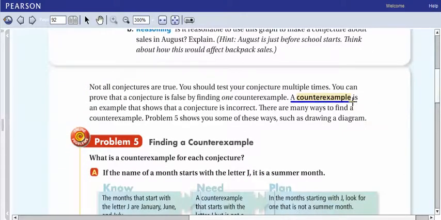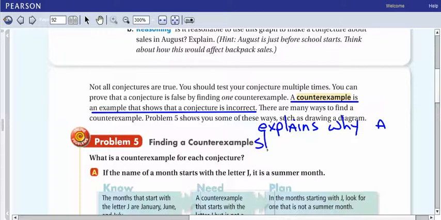A counterexample is an example that shows that a conjecture is incorrect. Let's also say that it explains why a statement is false.